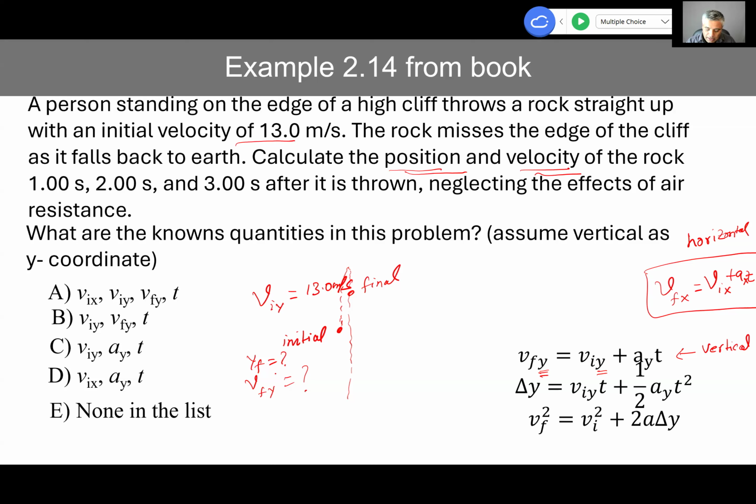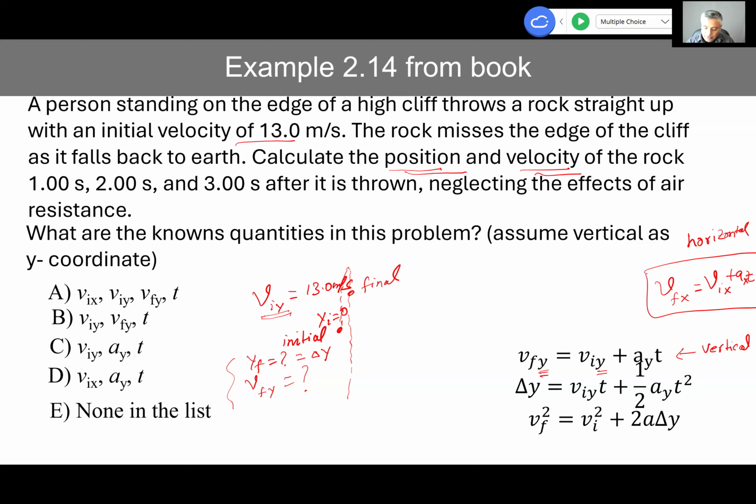But if we say the initial position y_i, wherever the rock is, if we start measuring height from there, we can always say y_i is 0. That way, y_f is going to be the same as the displacement delta y, okay? So these are unknowns, and this is known.